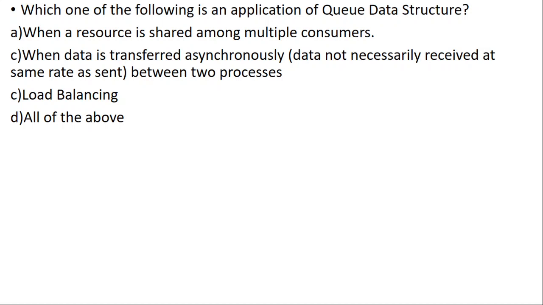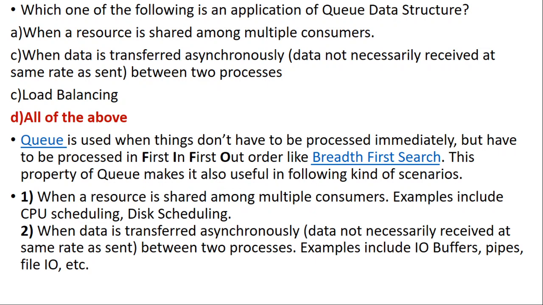Which of the following is an application of queue data structure? Answer is all the above. Queue is used when things don't have to be processed immediately but have to be processed in first in, first out order, like breadth-first search. This property of queue also makes it useful in the following kinds of scenarios.